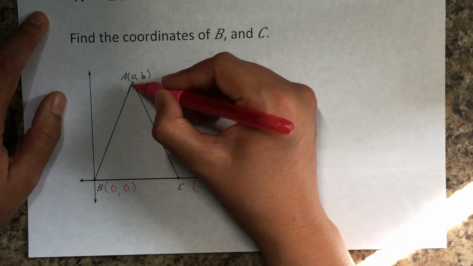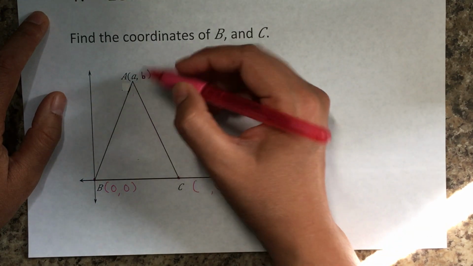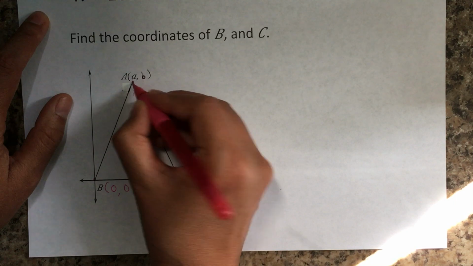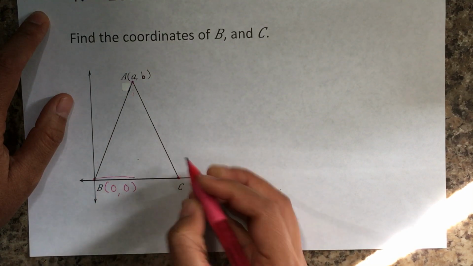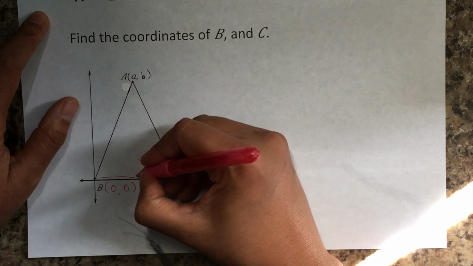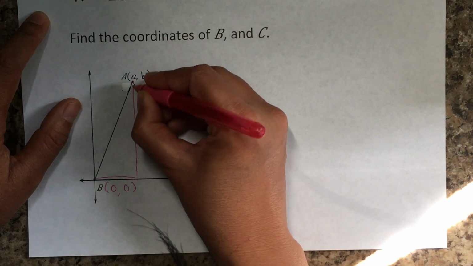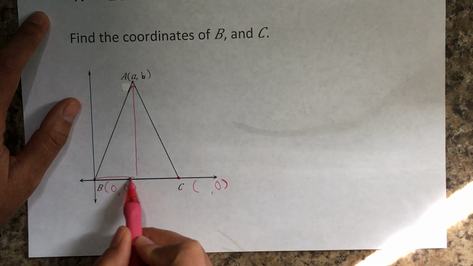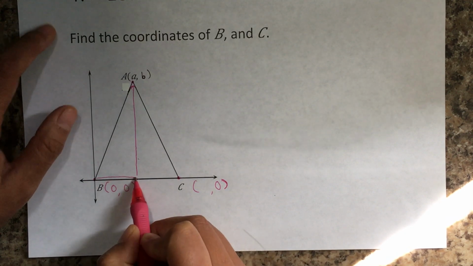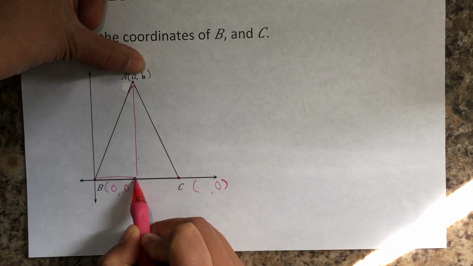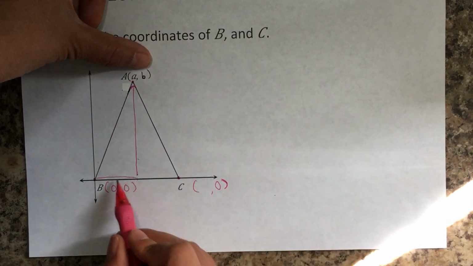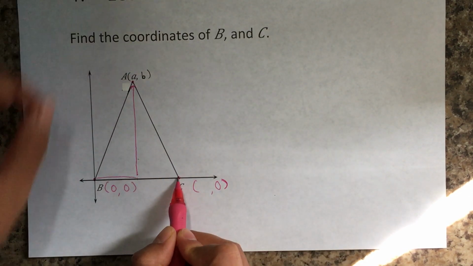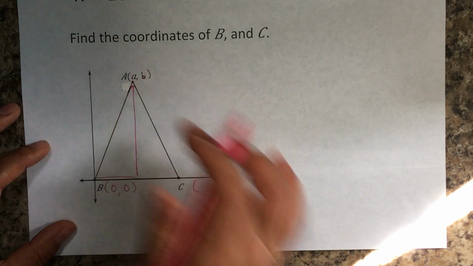However, I have this point, which is right here. So basically, to get to this point, I had to go kind of like that and then I had to go up. So from here to here is the distance A, and from here to here is distance B. But what about from here to here? How does that compare to any of those two points?